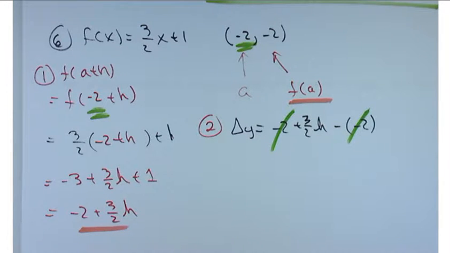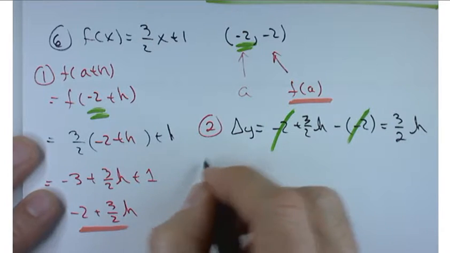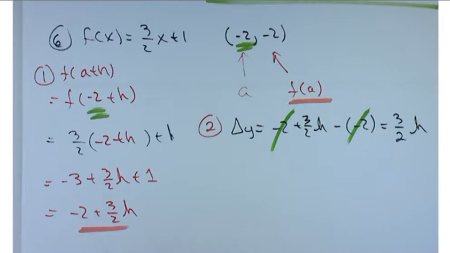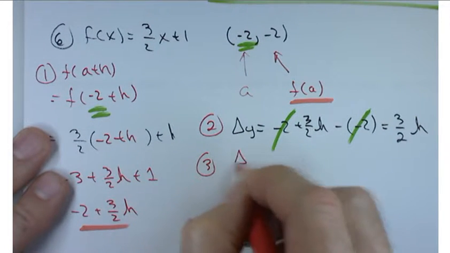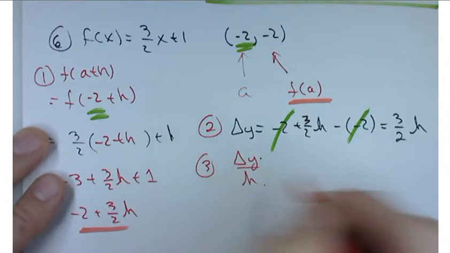The 2's cancel each other out, and that's a good thing. That leaves us with a very simple expression of 3 halves h. Then we want to simplify this expression, delta y over h.